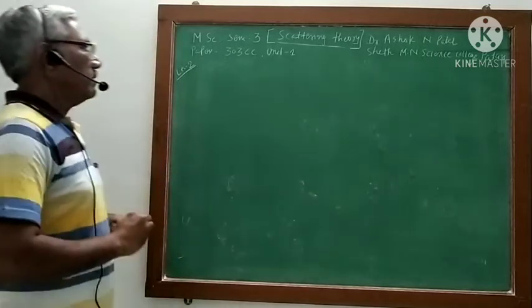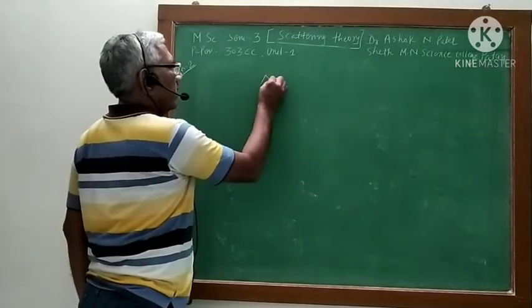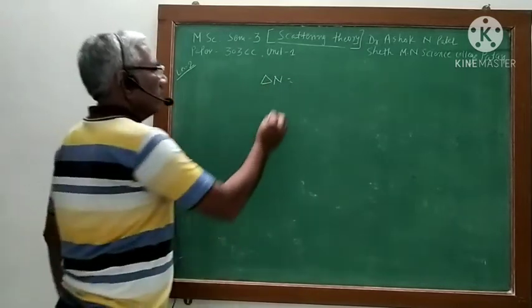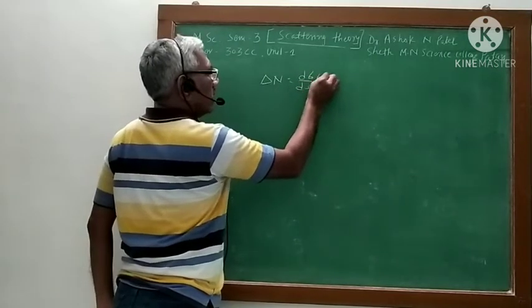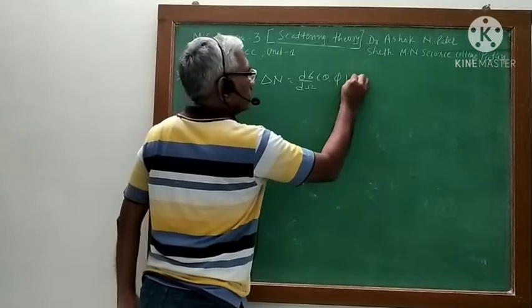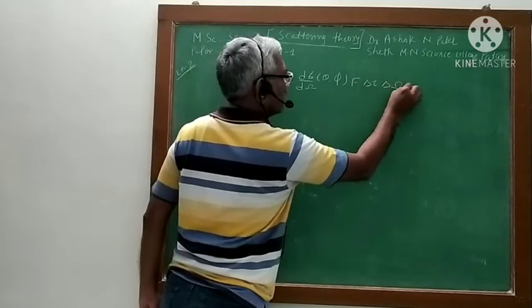In the last lecture we came across the formula delta N is equal to d sigma by d omega along the angle theta phi, times F, delta t, delta omega.